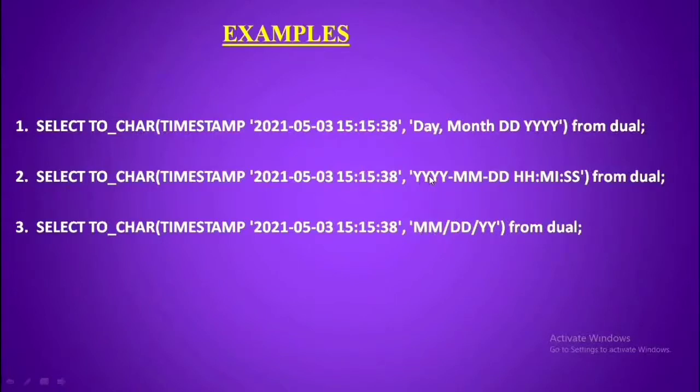In the first command, only day, month, date, year are displayed, with no time. The second command displays both time and date, and the third command displays only the date, with no time. Only this string data is displayed.